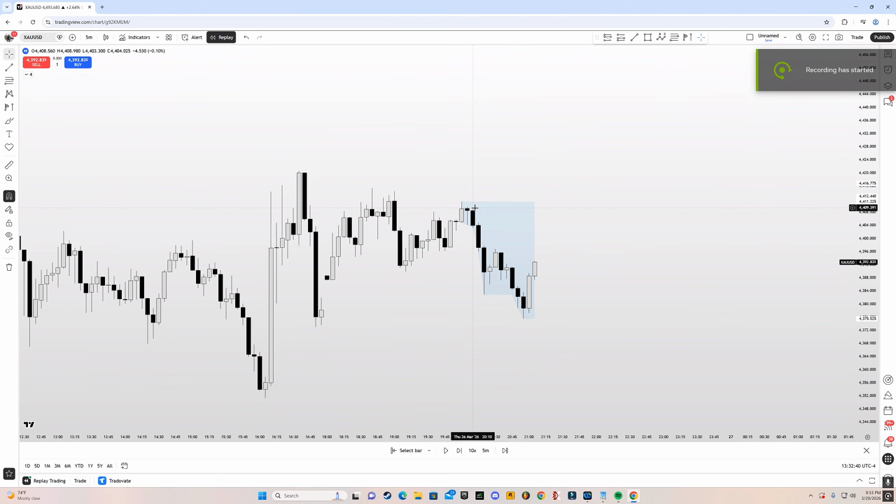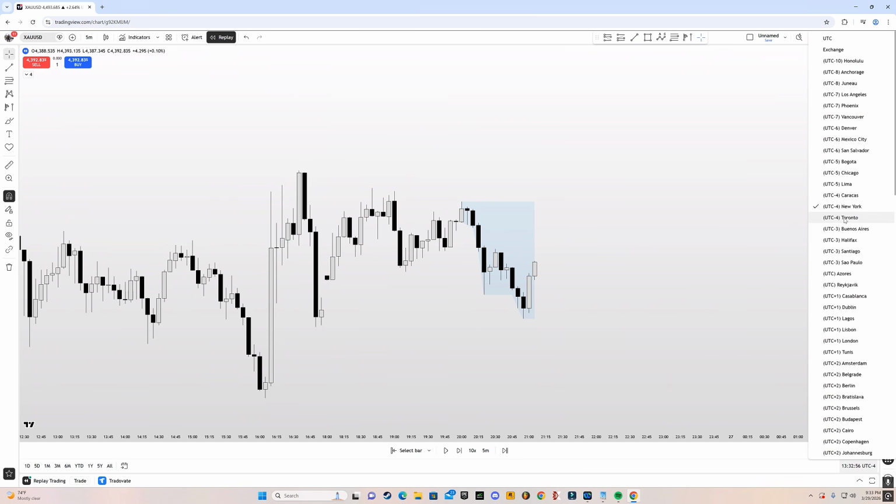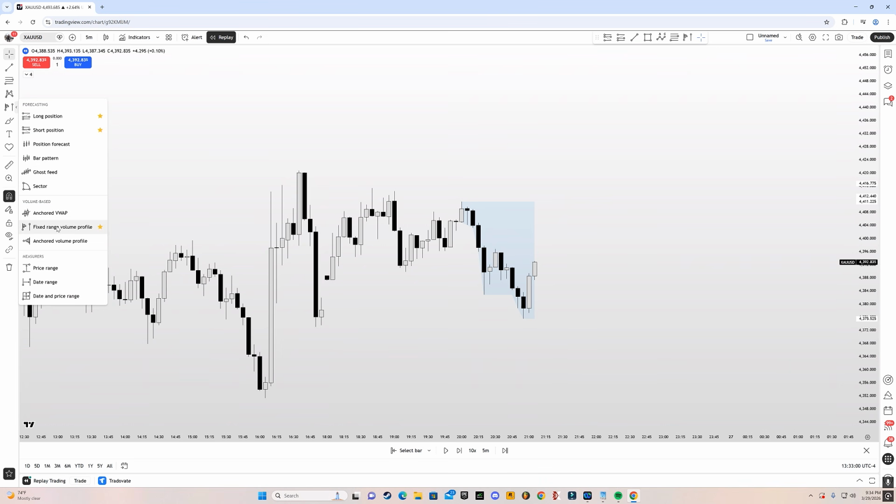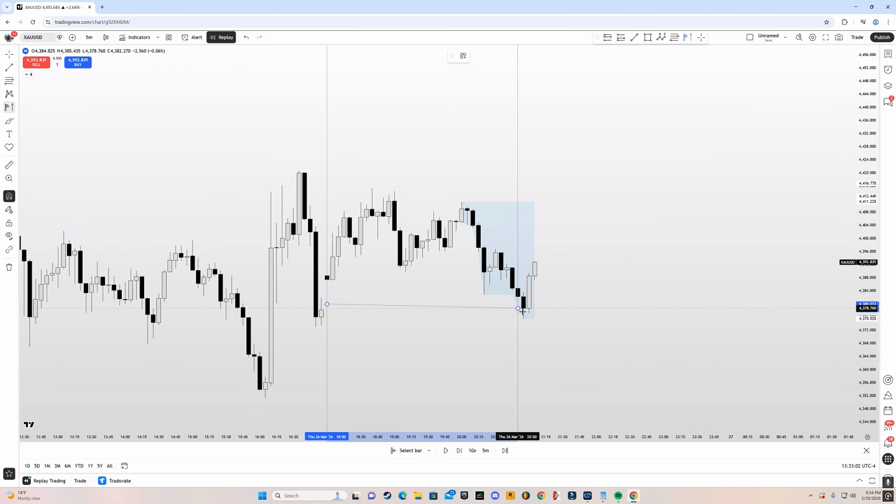All right, guys. This one is the failed auction setup strategy. I'm going to go over the breakout strategy later on in the video, but this is how to trade the failed auction setup. The new daily candle opens at 18:00, or 6 p.m. New York time. So make sure your time zone is set to New York on TradingView. Go over here, fixed range volume profile, and draw it out like this.